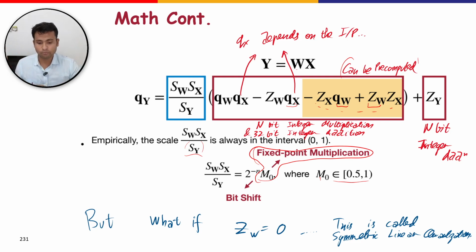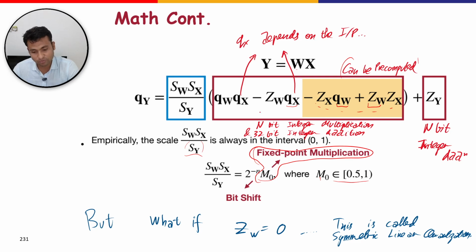So depending on the input, your QX will vary. But the zero point of that X will remain the same. So QX depends on the input, but the scaling factor of the input and the ZX are already calculated, already pre-inferred, so that can be pre-computed. So this part can be pre-computed and only this operation needs to be done.